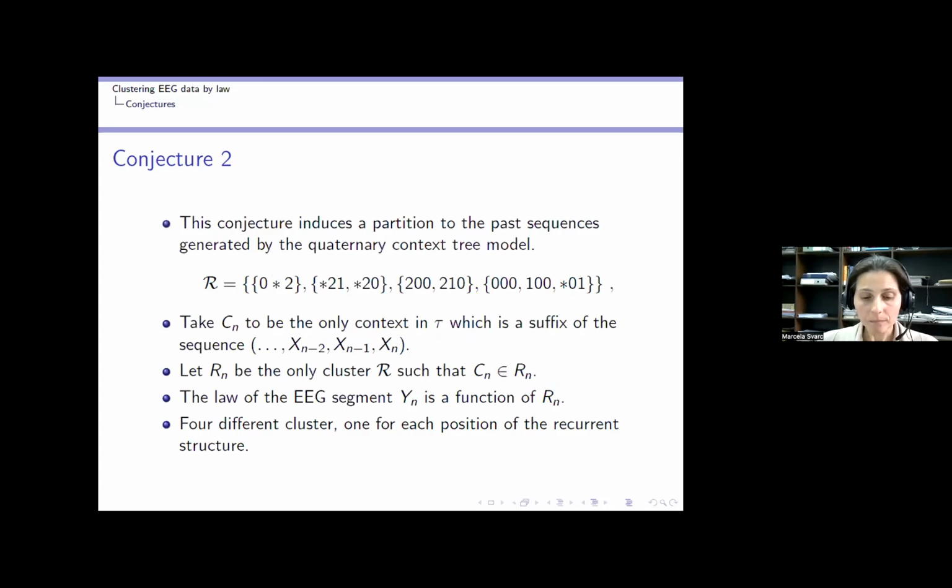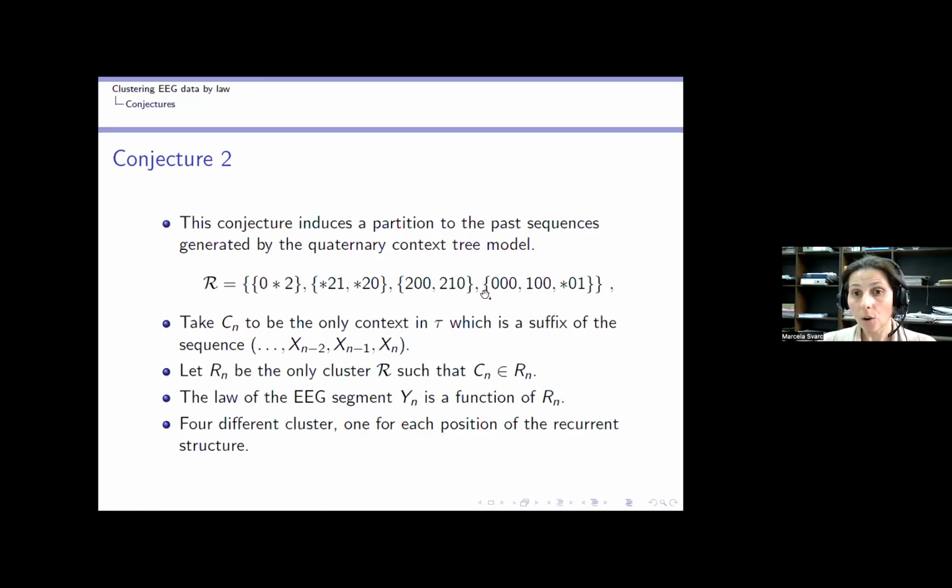So this conjecture induces a partition, which is determined by the position of the strong beat. For instance, in this case, we have all the contexts that in the final position have a strong beat. And in this case, we have all the contexts that in the middle position have a strong beat. In these cases, we have all the contexts that in the final position have a recurrent silent unit.